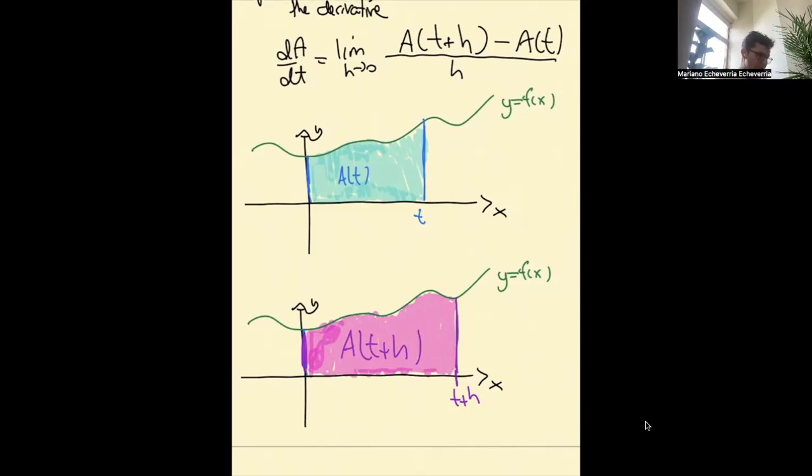So we're comparing, we're subtracting from this area this thing. So what do we get here? What happens when you subtract these two quantities? This minus this. Geometrically, what are you getting?